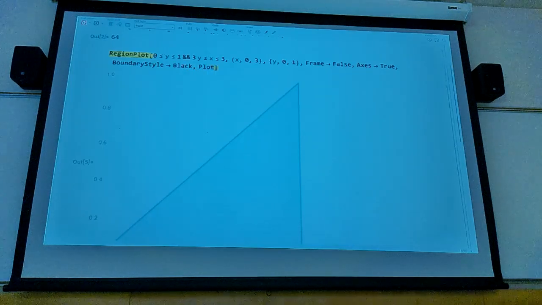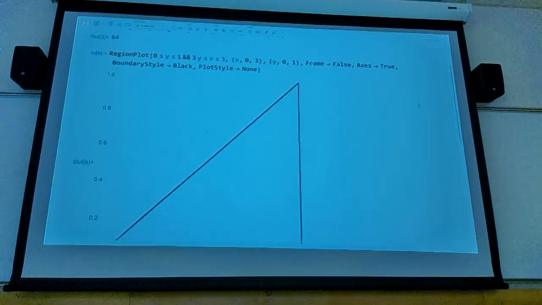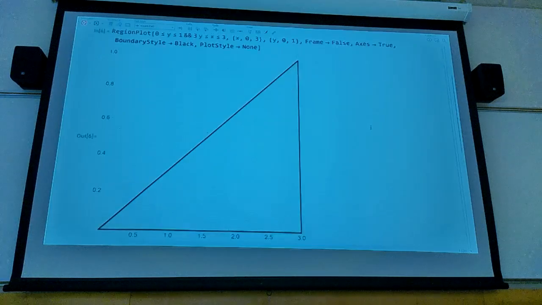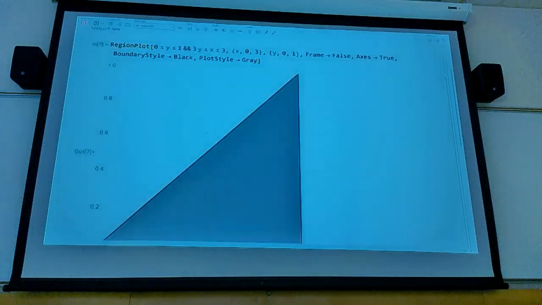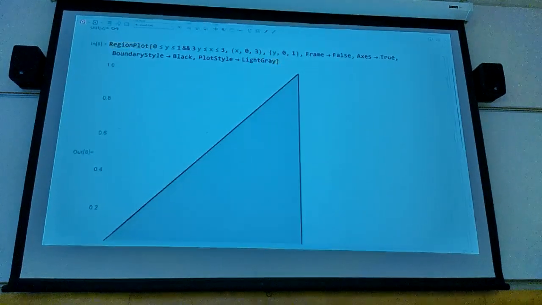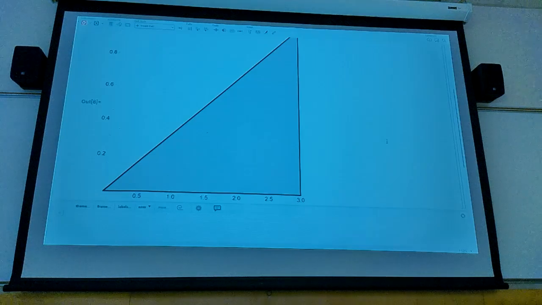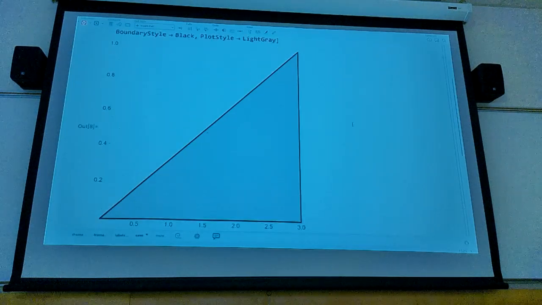And then in this case, the PlotStyle itself is the shaded region. So if I just turn off the plot style, it takes away the shade. Or I could make it gray or light gray, something like that. I just get an idea of what the region is. So there is our region.